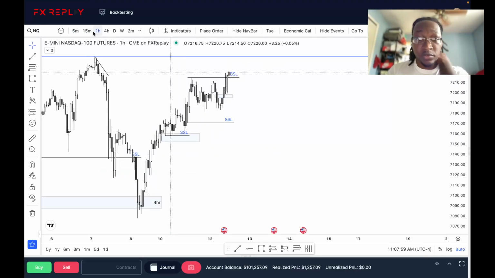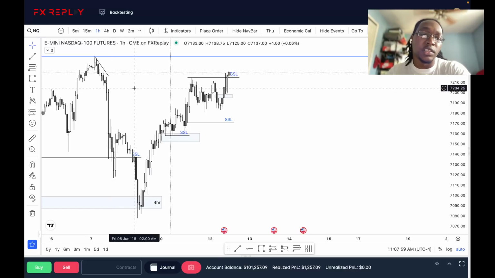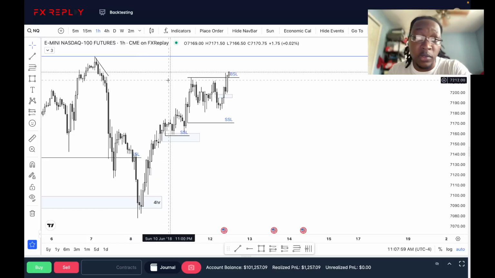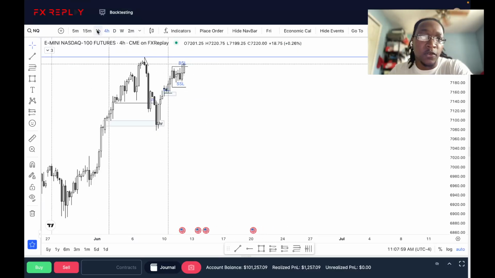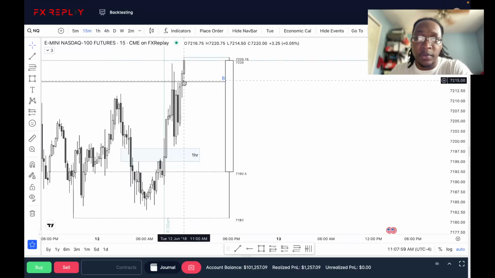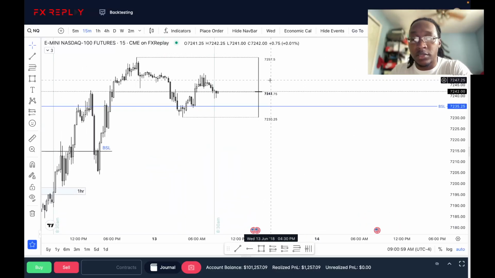Even though it's looking nice structurally, but it's against the overall draw, and I have like an inch of doubt in my head, there's no reason to take the trade because then I'm only putting money at risk, and I'm not really 100% behind the trade. Mentally, not behind it. I'm like, oh, this may happen, but I don't know. So, yeah, let's continue forward. I think we're gonna continue pushing higher for buy side and draw to my highs.